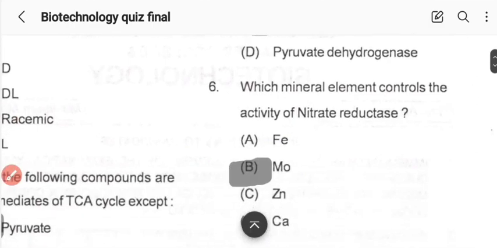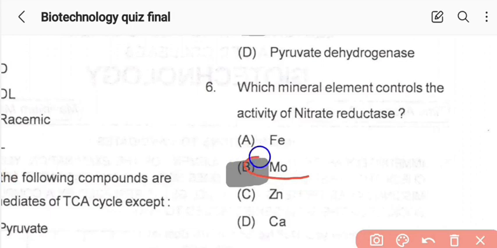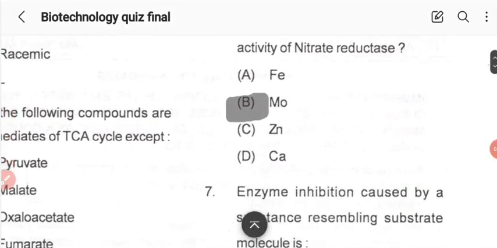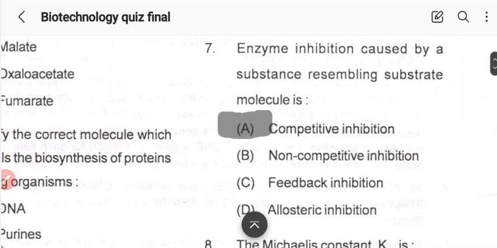Then the sixth one: which mineral element controls the activity of nitrate reductase? This is also an enzyme, nitrate reductase, and it needs one element called Mo, molybdenum. Then enzyme inhibition caused by a substance resembling the substrate molecule is competitive inhibition.